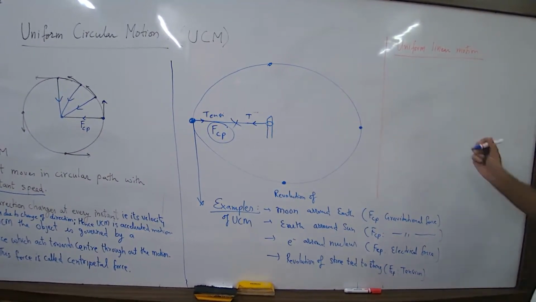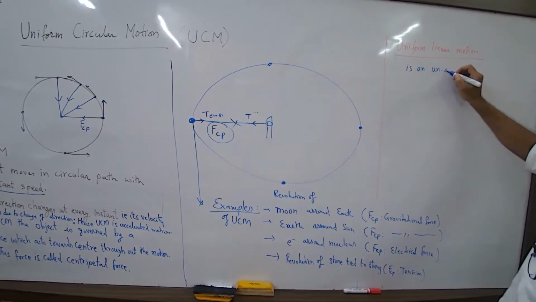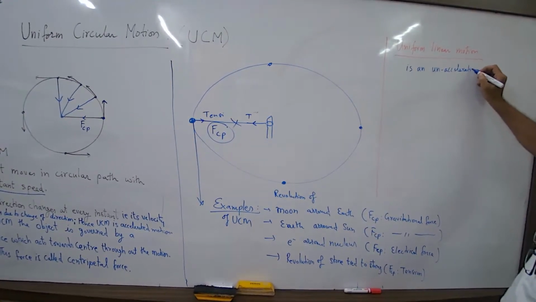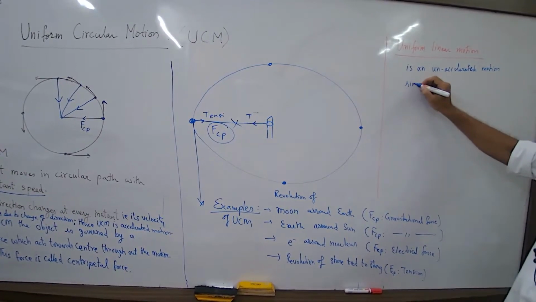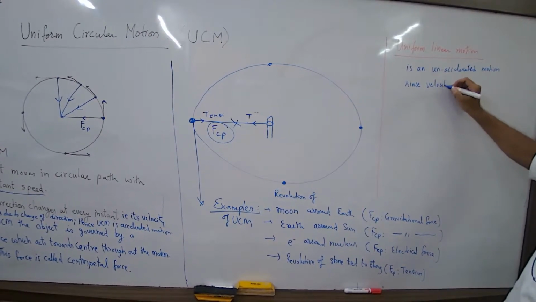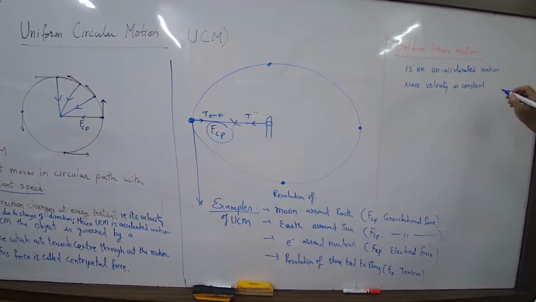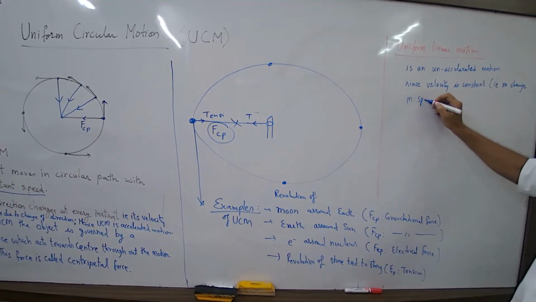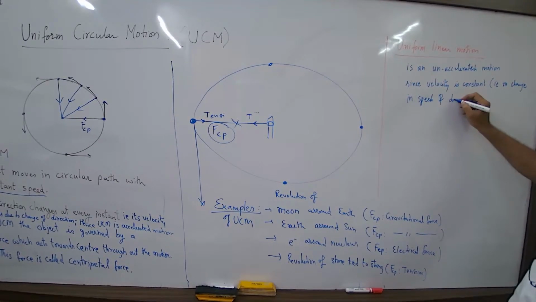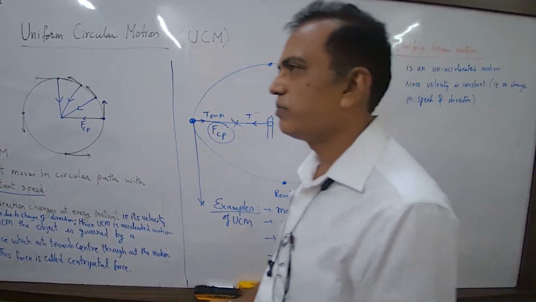Uniform linear motion is an unaccelerated motion, since velocity is constant. Speed is the magnitude of velocity.